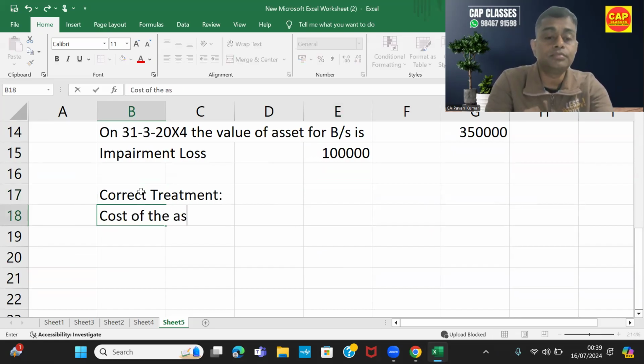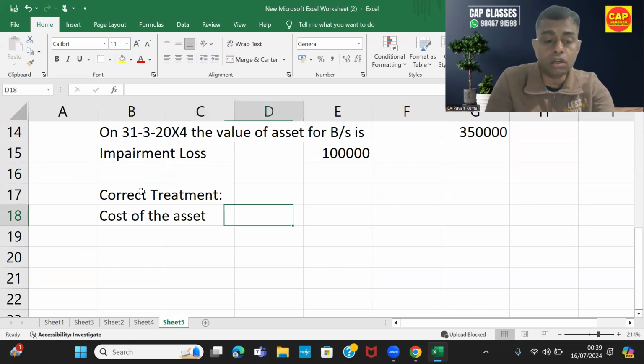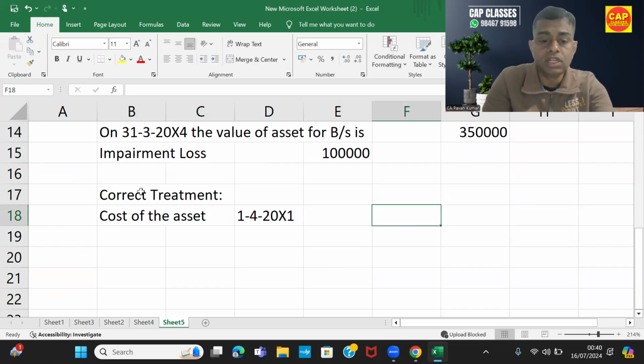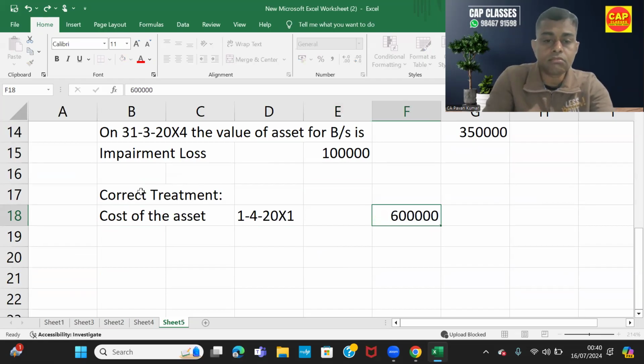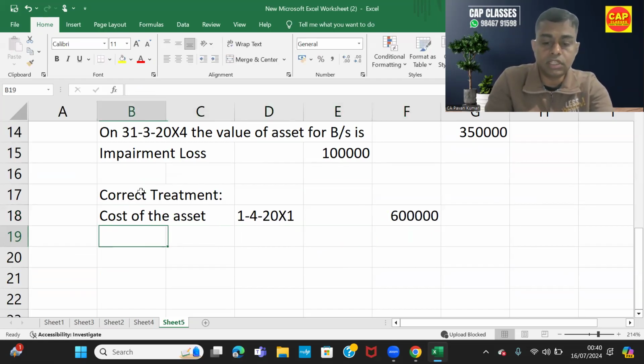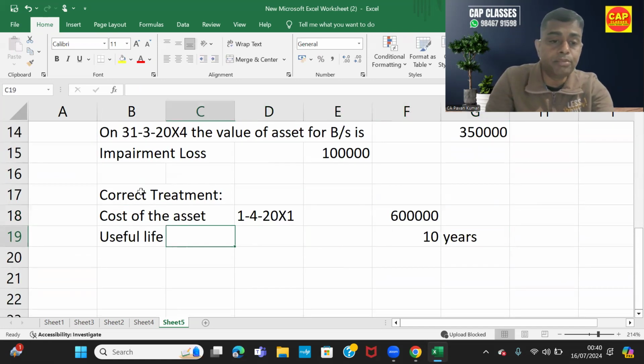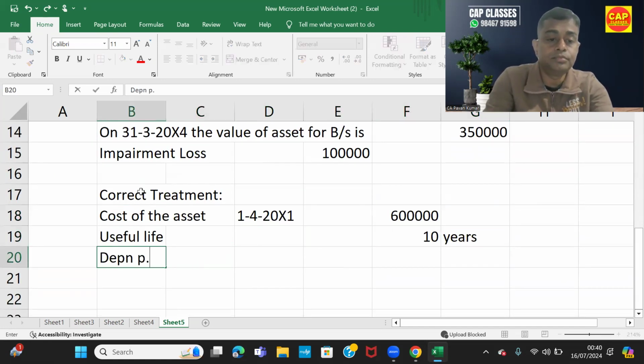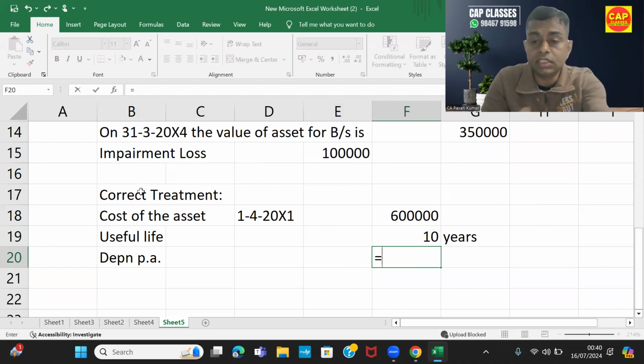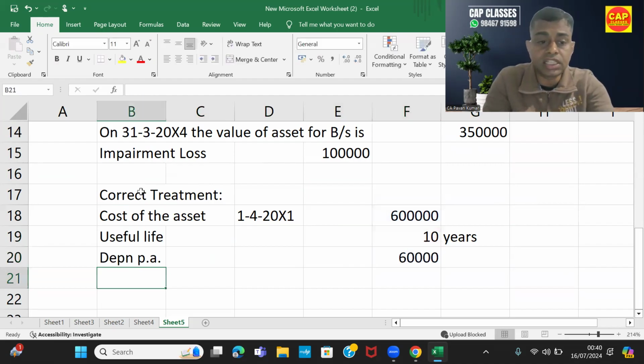Cost of the asset purchased on 1/4/20X1 is 6 lakhs. Then useful life 10 years. Then depreciation per annum is this divided by this, 60,000.